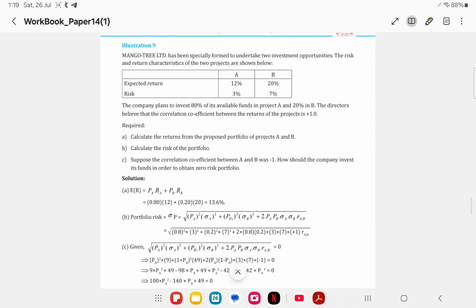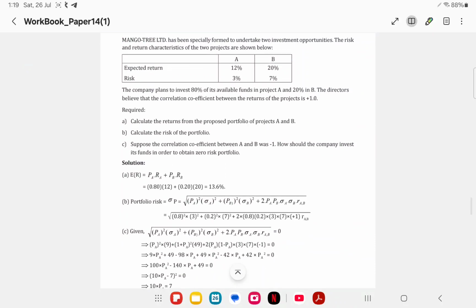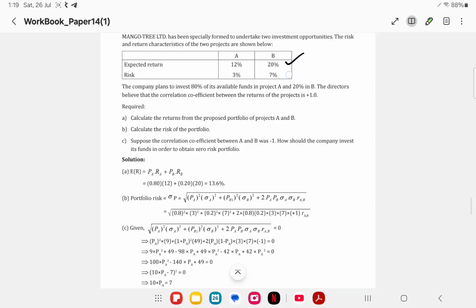Question 9 says Mango Tree Limited has been specially formed to undertake two investment opportunities. The risk and return characteristics of the two projects are shown. The company plans to invest 80% of its available funds in project A and 20% in B, so the weights are given.